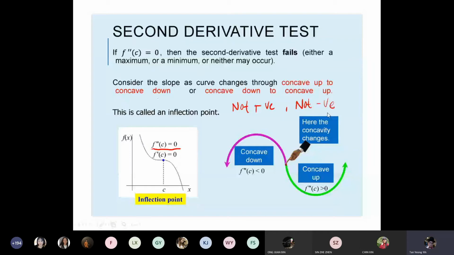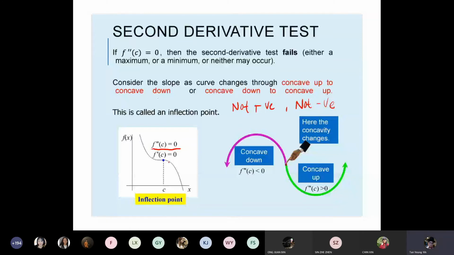What does that mean? It means 0. Good. So the third situation is, if we substitute c, we get 0. We call this the inflection point. The inflection point is when the slope on the left and right does not change.